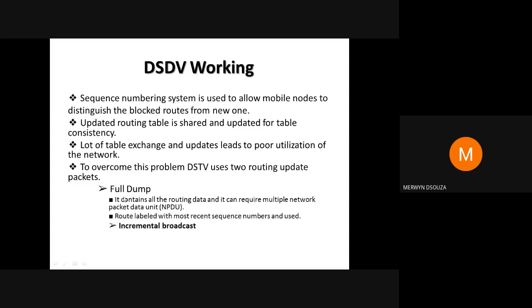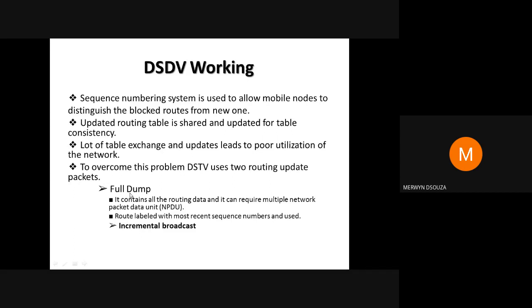Full dump packets were used for routing updates only when there were many nodes to be updated, or many changes in the routing table. Then the nodes would use this full dump packet for updating the routing tables.